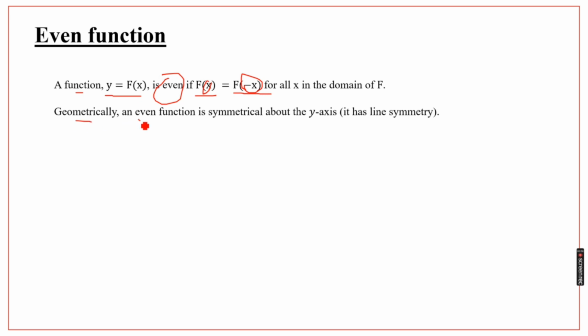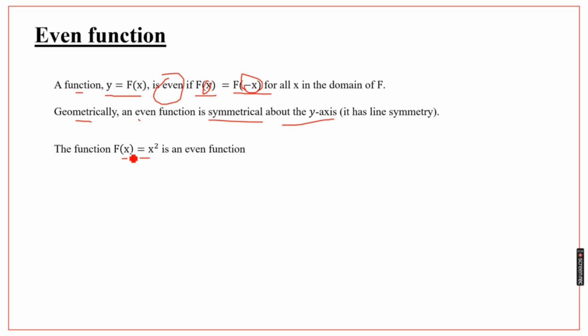Geometrically, an even function is symmetric about the y-axis. It has line symmetry. We will see it in the graph clearly. So the function f of x equals x squared is an even function, which means when we insert -1 and 1, our output is equal, it is 1.